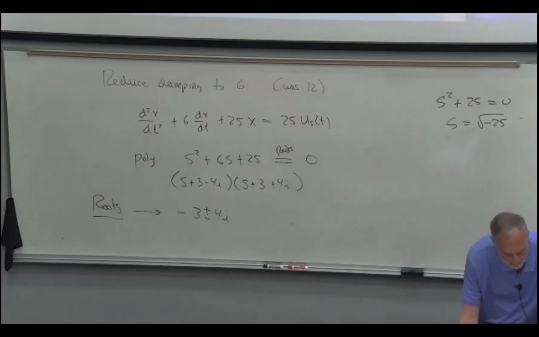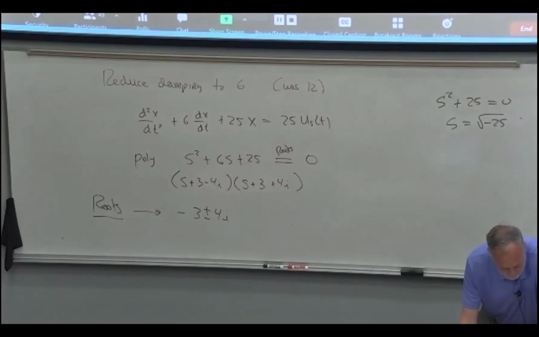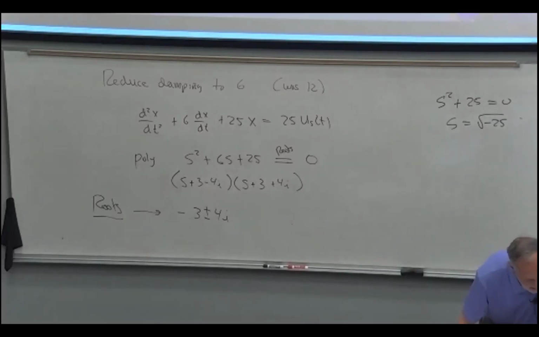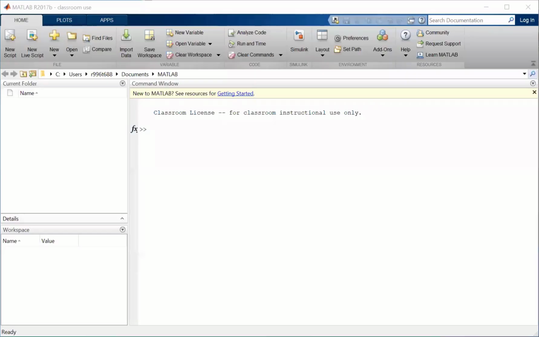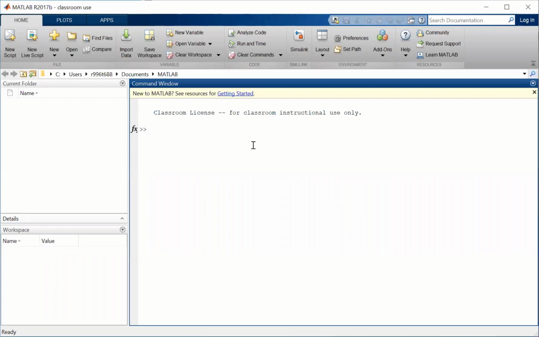You guys know how to do this in MATLAB? Let's do that real quick. Pretty much anything you want to do in math or engineering or science is somebody's wanted to do it before, and you can do it in MATLAB.